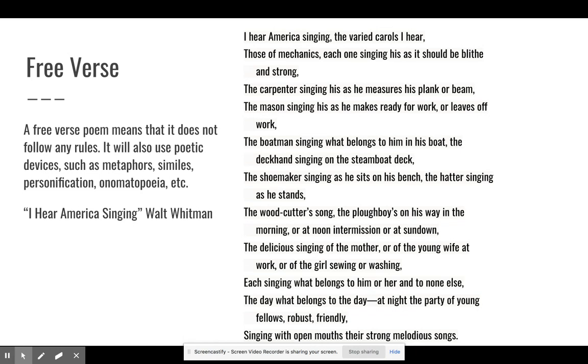The carpenter singing his as he measures his plank or beam, the mason singing his as he makes ready for work or leaves off work, the boatman singing what belongs to him in his boat, the deckhand singing on the steamboat deck, the shoemaker singing as he sits on his bench, the hatter singing as he stands, the woodcutter's song, the plowboy's on his way in the morning, or at noon intermission, or at sundown, the delicious singing of the mother or of the young wife at work, or the girl sewing or washing, each singing what belongs to him or her and to none else.